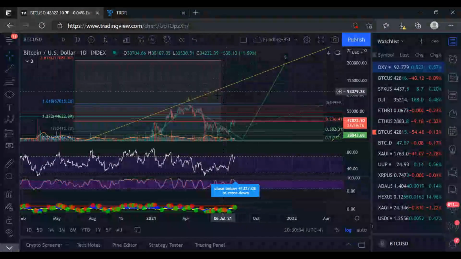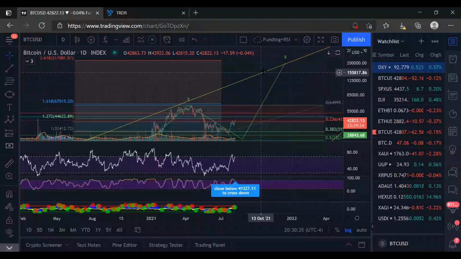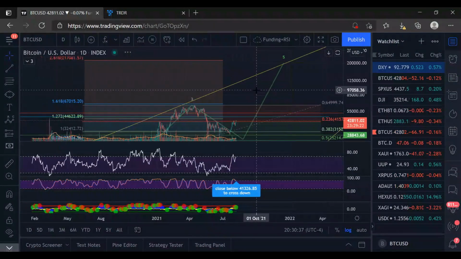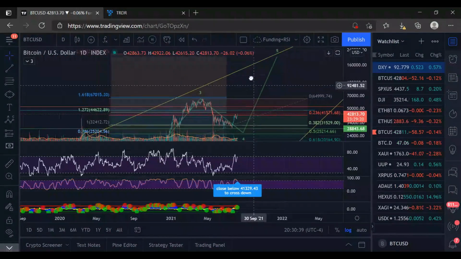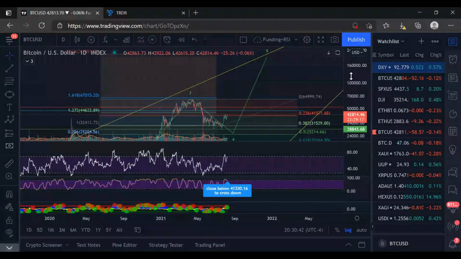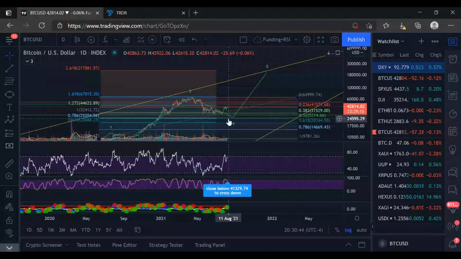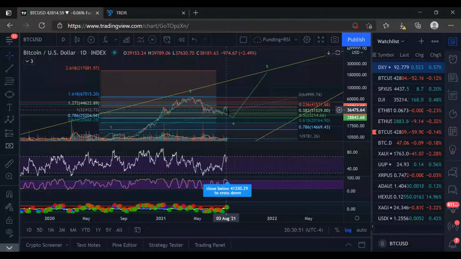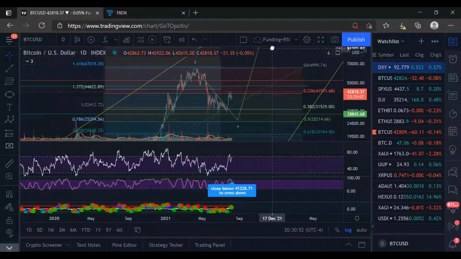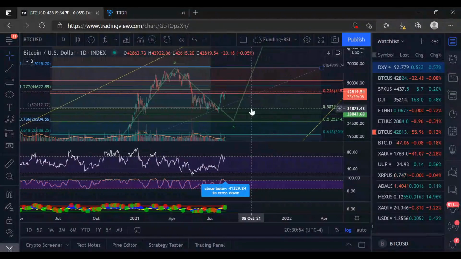So if you're looking for a spot buying position, an investment position, I wouldn't do it until it breaks all-time highs or until it makes it down to 25,000, 26,000, breaks those lows and pops back inside this box. And this is more Wyckoff going on.